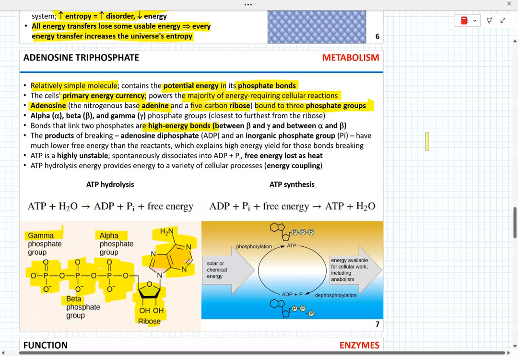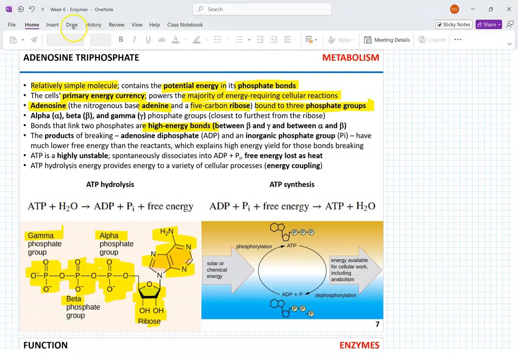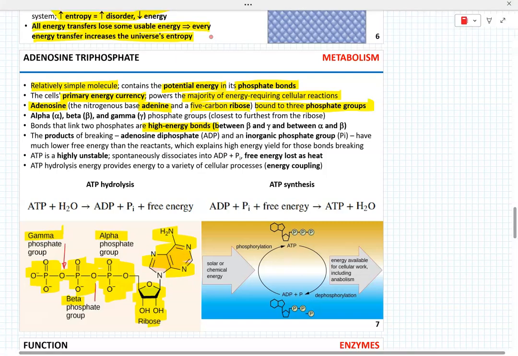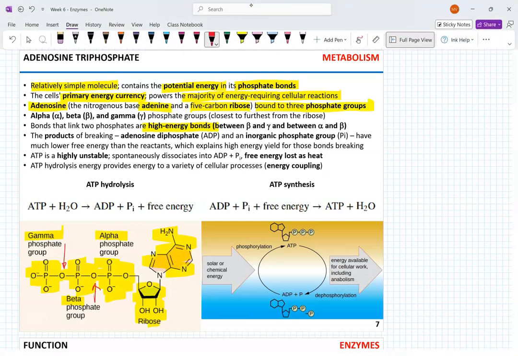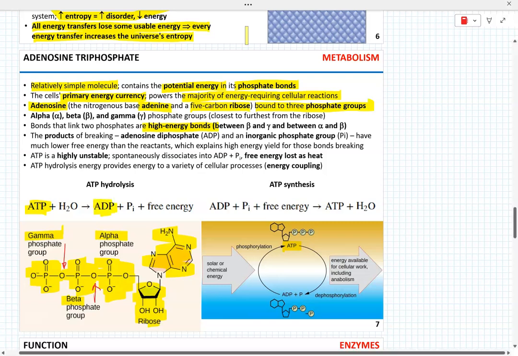The bonds between beta and gamma and alpha and beta, so essentially this bond and this bond, store a particularly large amount of energy. When the molecule of ATP is broken down, it produces adenosine diphosphate, inorganic phosphate, and releases energy.